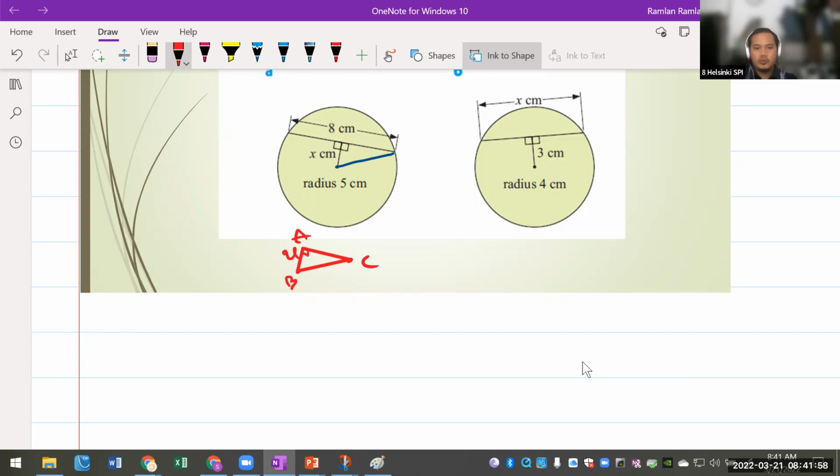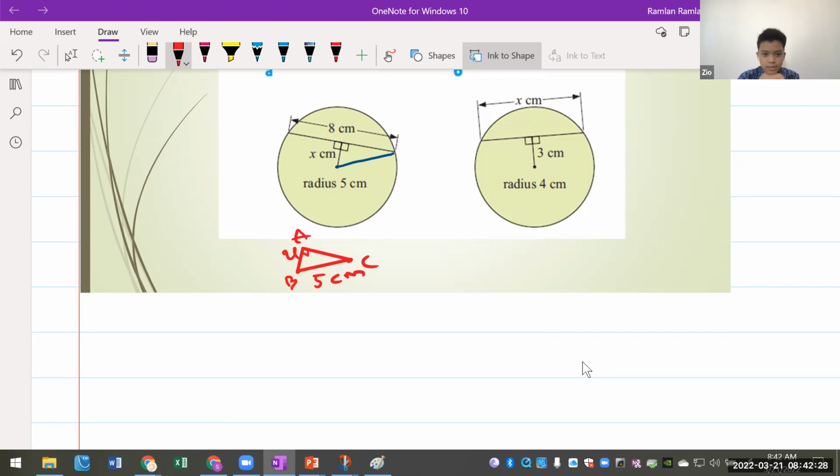What do you think is the length of BC? BC is equal to 5 centimeters, yes, because it is the radius. How about the AC then?